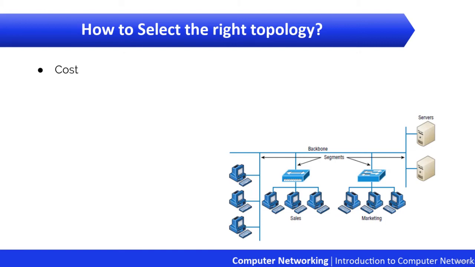How much cash do you have? How much fault tolerance and security do you really need? Also, is this network likely to grow like a weed? Will you need to quickly and easily reconfigure often? In other words, how scalable does your network need to be?